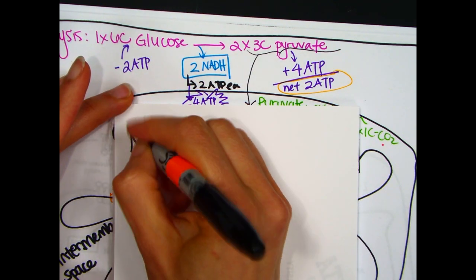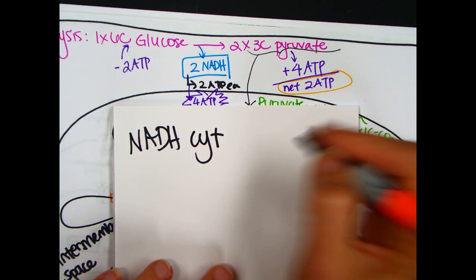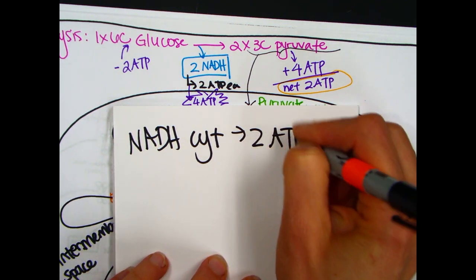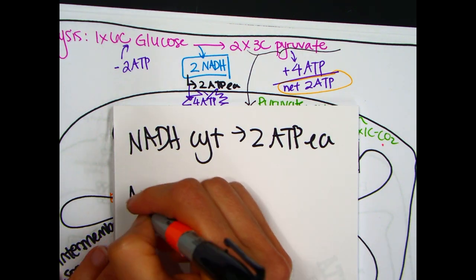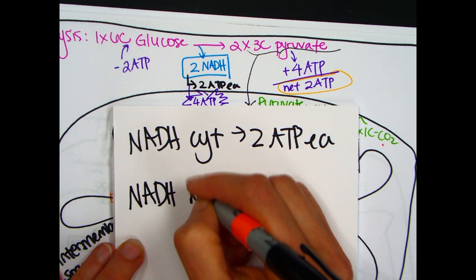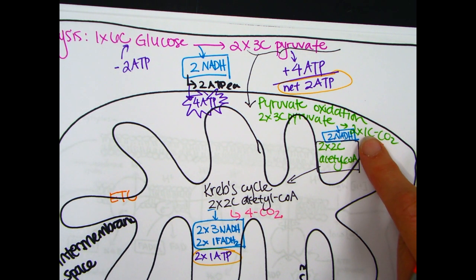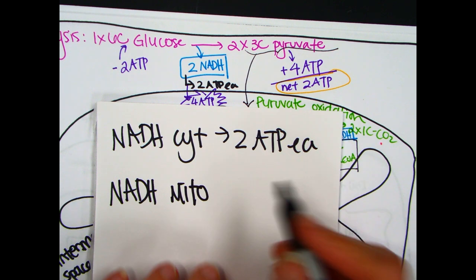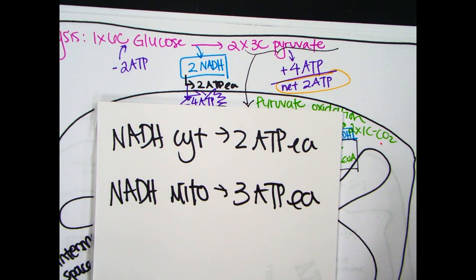So our NADH produced in the cytoplasm is going to give enough energy to form 2 ATPs each. Our NADH that is formed anywhere in the mitochondria, so in the intermembrane space or in the matrix, is going to make 3. It doesn't directly make 3 ATP, but the NADH produced in the mitochondria gives enough energy to make 3 ATPs.